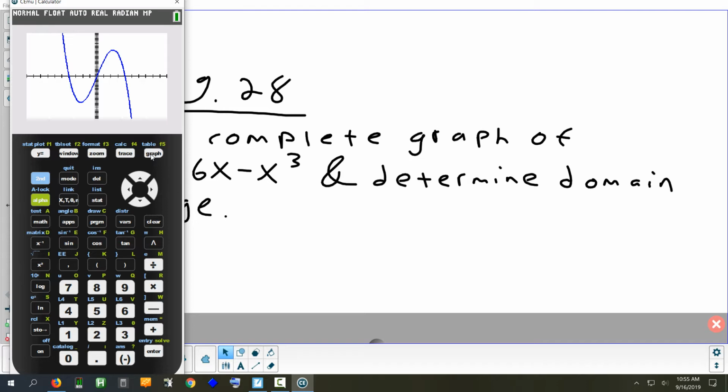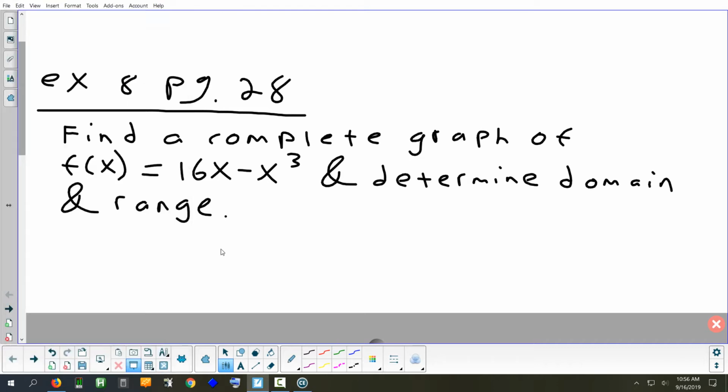Right. And now they want me to determine the domain and the range. So the domain is how far left and right this graph is going to go. What do you think the domain is here? Yeah? All real numbers? Yeah, it's all real numbers. You really don't even need to look at it to figure that part out. Look at x here and here.